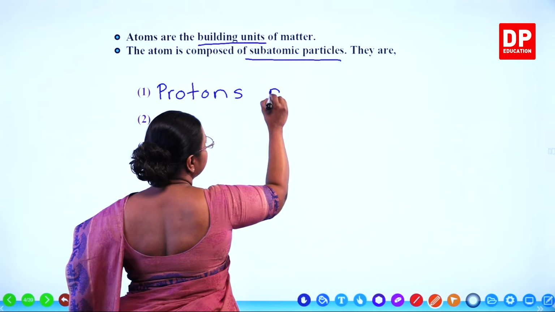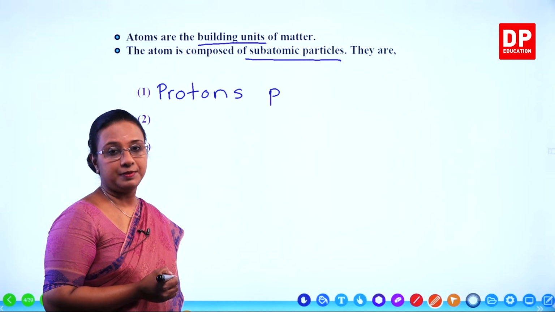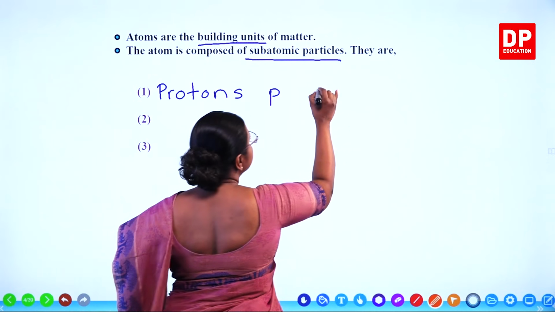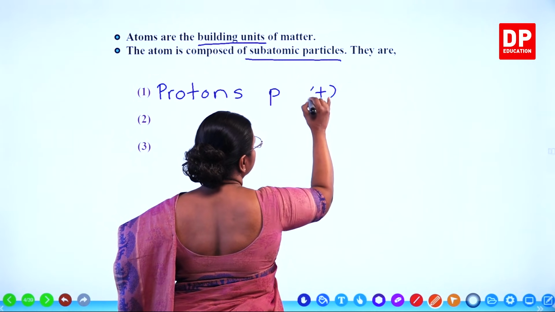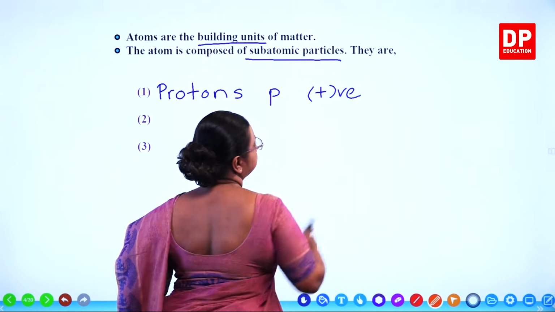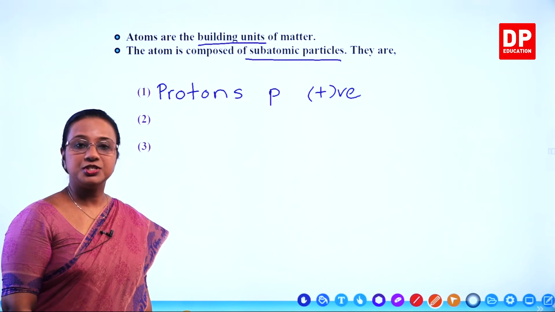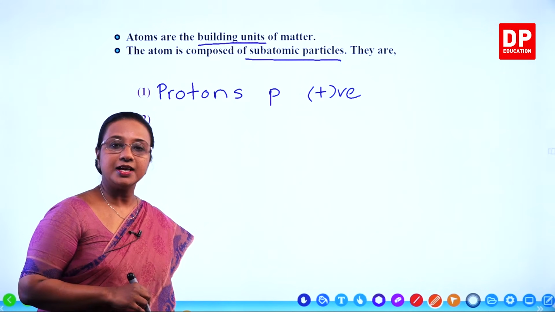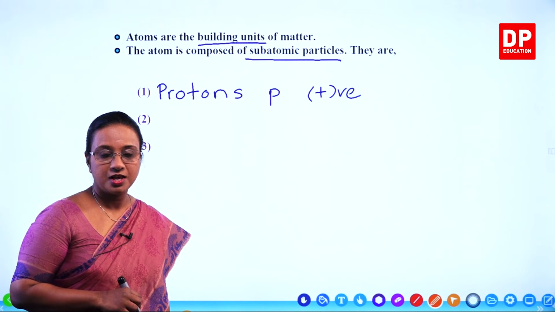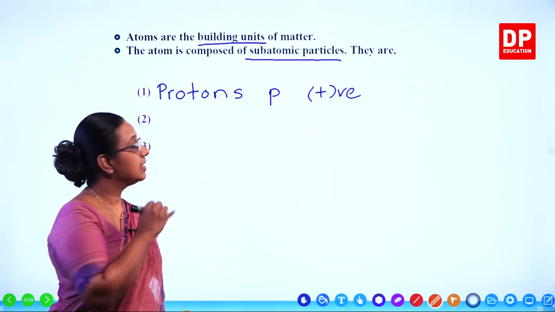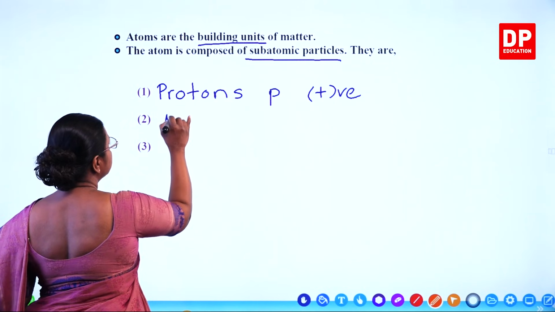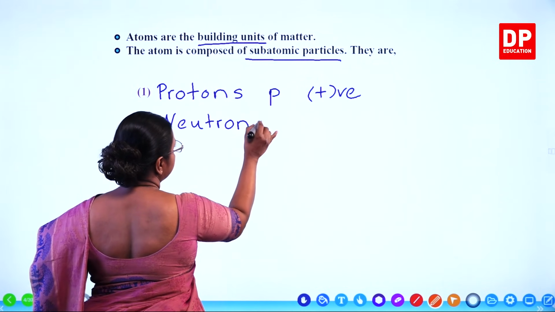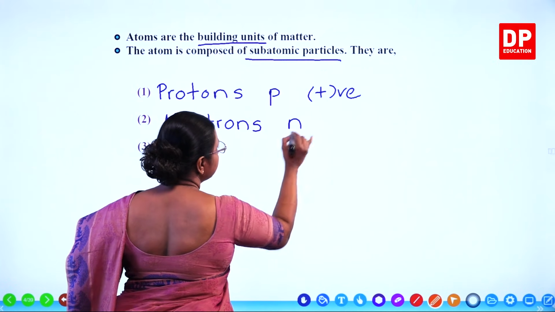The first of the subatomic particles is protons. The symbol given is simply P. It has to be all simple letters. And the charge of a proton is positive. Protons are positively charged subatomic particles. Then we have the second type, neutrons. As the name implies, this does not have charge, neutral subatomic particles.